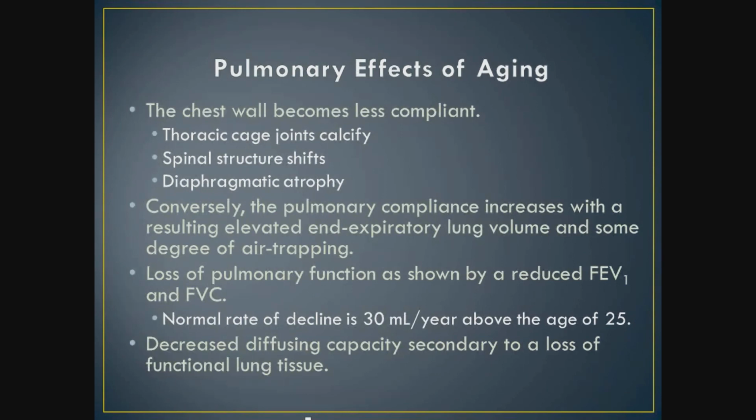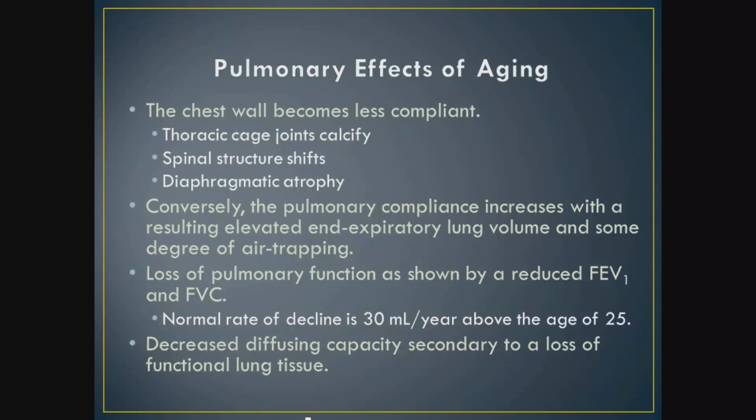Our spine changes shape. The development of scoliosis is quite prominent in the aged. You also have a diaphragm that becomes a little bit less effective. Instead of being this nice dome-shaped muscle that contracts, it starts losing its functionality.